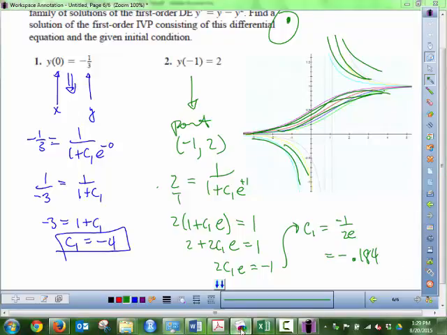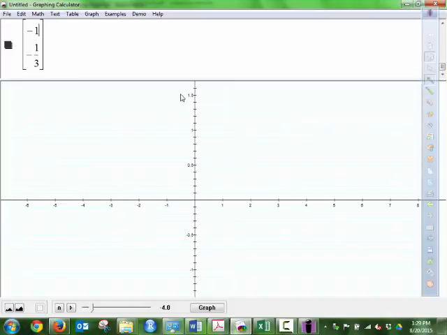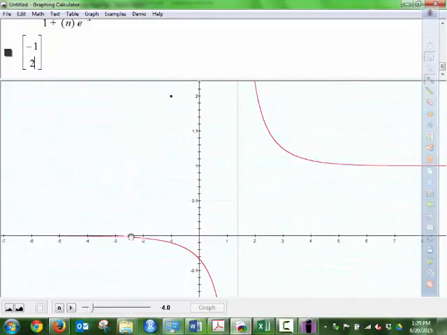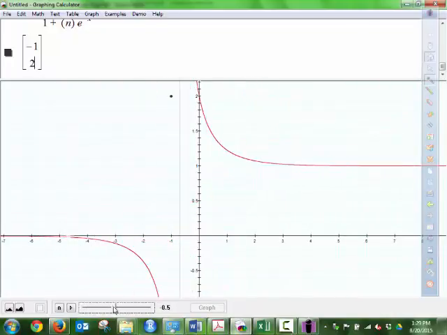Let's take a look at the graph. So we have a different point now. Our point is, what was it again? Negative 1, 2. Can't see it up there. Let's try the slider first to see if we're going to get there. Oh, yeah, we do get there.